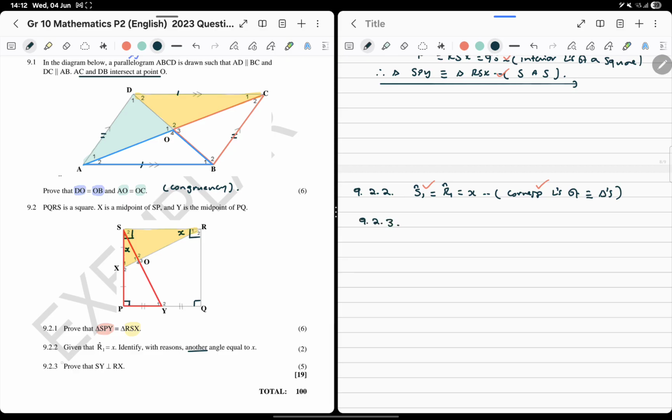9.2.3. Prove that SY is perpendicular to RX. Oh Lord, 5 marks. That's a killer question. Okay, how are we going to do this?